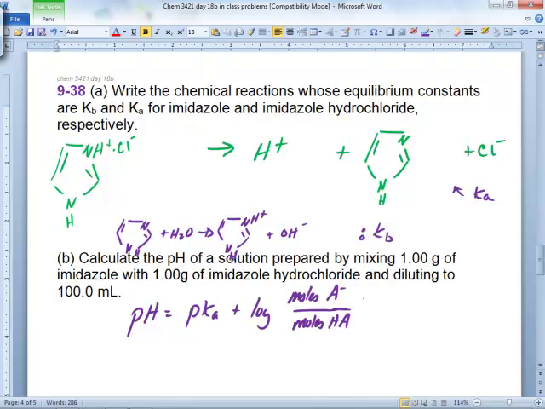Okay. Does it look like the 100 mils is going to matter? No, I mean it would have if we had written the equation in the form of concentrations, but the volumes cancel anyway. So we just need to look up the pKa, and you need to put in the moles of the conjugate base and the moles of the conjugate acid.